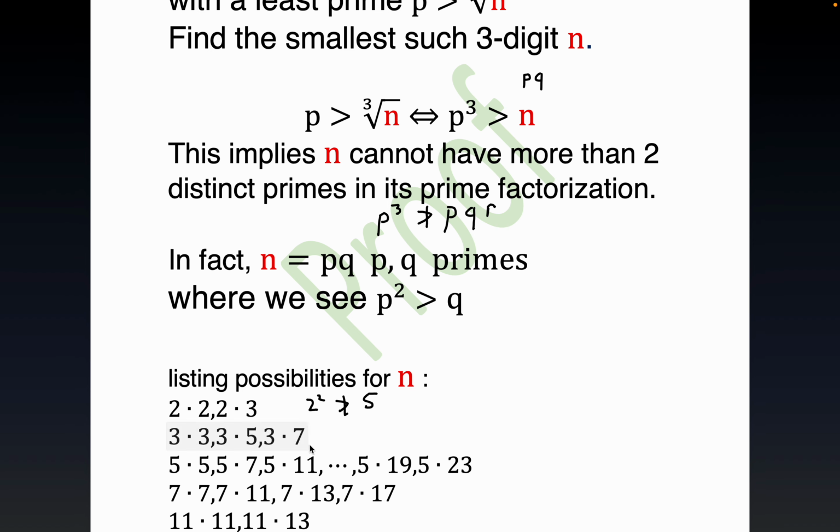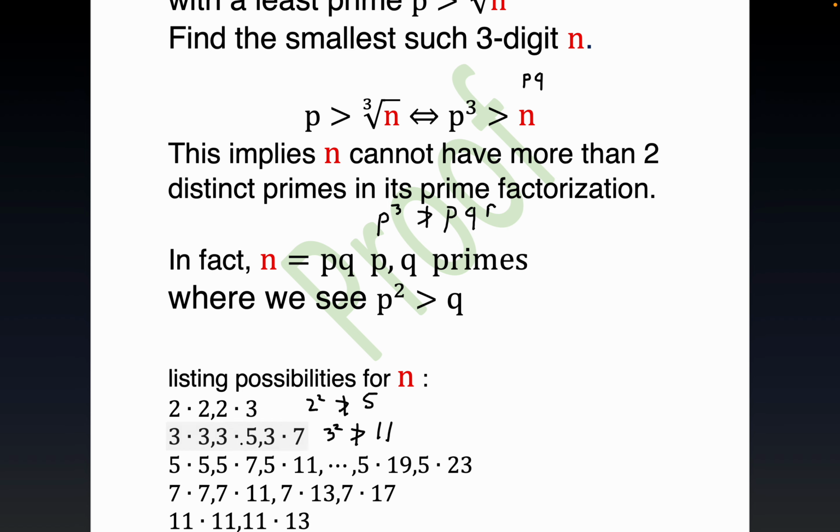The same sort of reason applies all the way here: you can't have 11. 3 squared is greater than 7, but 3 squared is not greater than 11, so 11 doesn't appear here. Now you just keep carrying on.